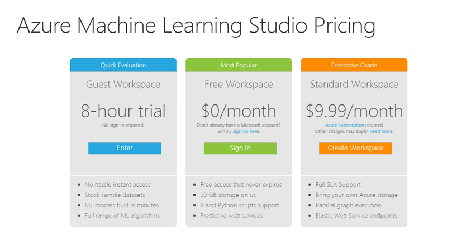However, you have only 10 GB of storage, but it supports R and Python and predictive web services. If you need it for production purposes or enterprise purposes, there is also the enterprise grade that has some additional features. For now, I think the free workspace works fine for us. So, if you follow along in this tutorial, you can choose the most popular, which is the free workspace, use your Microsoft account and log in.